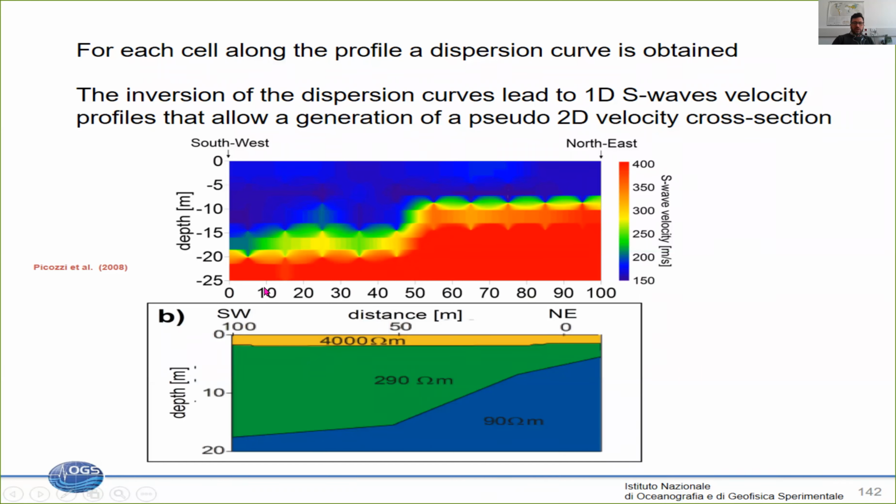So now many groups, not only us, are using seismic interferometry more and more on a small scale, because it's a powerful tool to estimate the underground structure, even in areas where active methods would probably not be completely feasible.